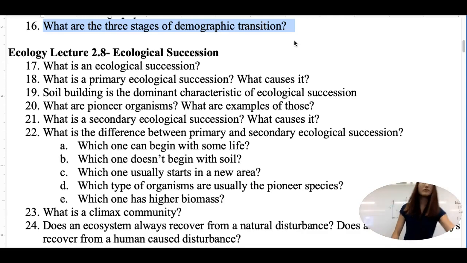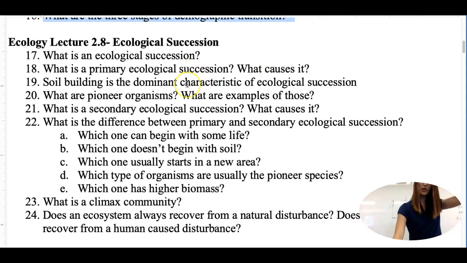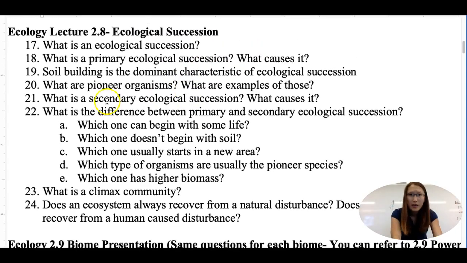Now, moving on to the next one, 2.8, I would say, everybody's pretty clear with primary versus secondary. One has soil, which is secondary. One doesn't have soil, which is primary. So for primary, you can have a glacier retreating as one of the causes of primary succession, or you can have volcanic eruption where the lava covers up the soil, right?